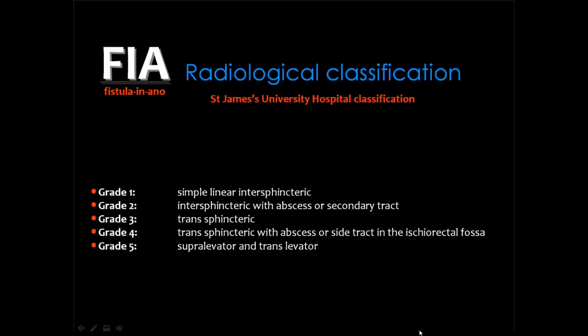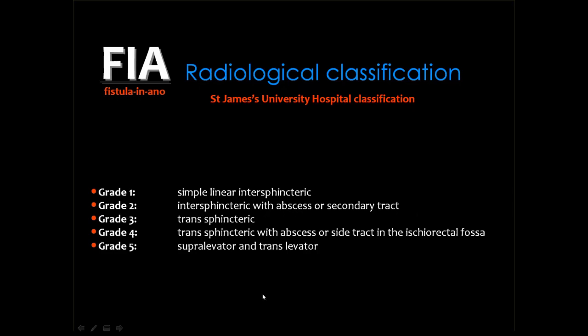Then this is the classification or the grading of the fistula. They consider that the intersphincteric simple one-line fistula is grade 1. And if the intersphincteric fistula is associated with side branches or abscesses, it is considered grade 2.